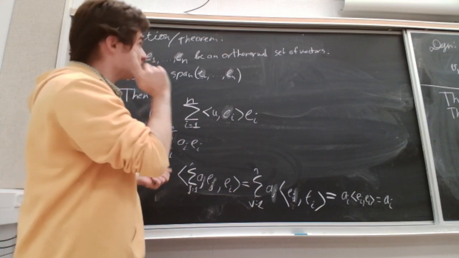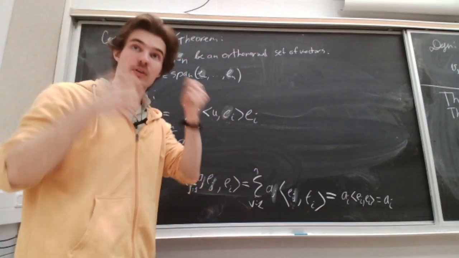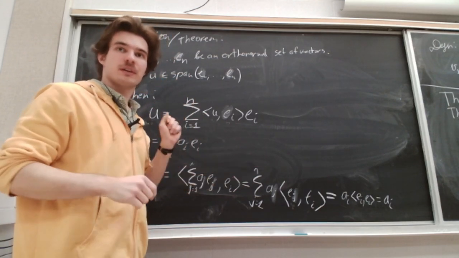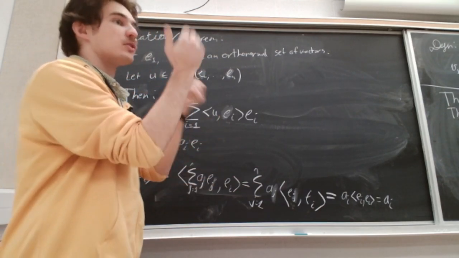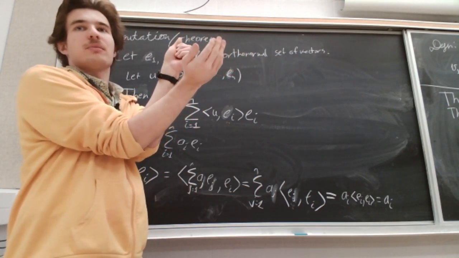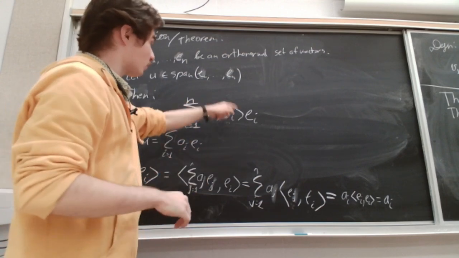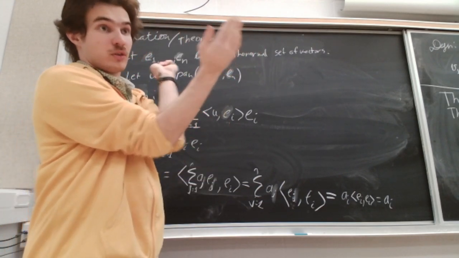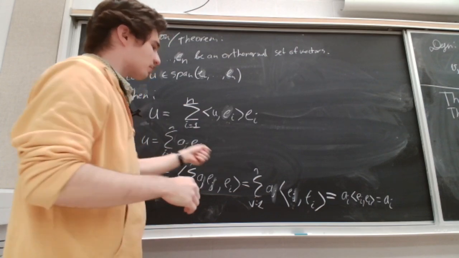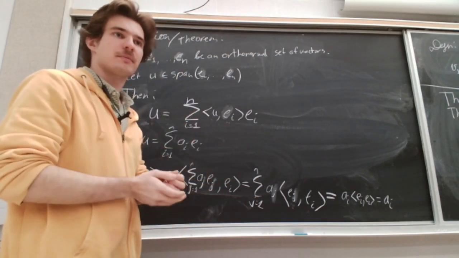Notice it was very important that this is an orthonormal set of vectors. Both the orthogonality and the normal part were used in this proof. If you just had an arbitrary set of vectors, it is not necessarily true that the inner product tells you how much of one vector is inside the other. This is a way of thinking specifically if you have an orthonormal basis where everything's perpendicular to each other: the inner product tells you how much of this basis vector there is in this vector.